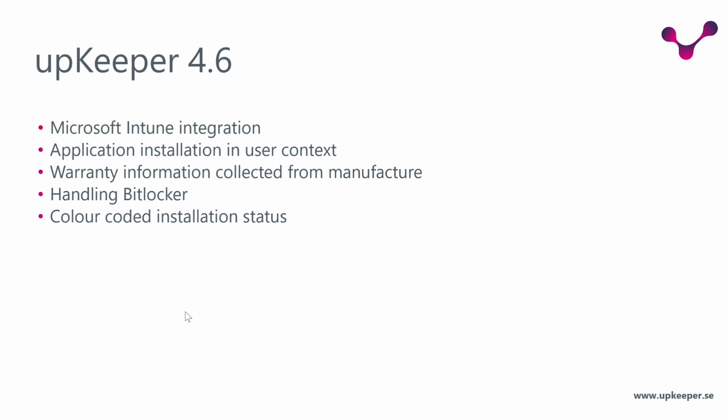We have added handling for Bitlocker. We have the color code and installation status, which was a big thing on the last Upkeeper Open. So there you have it. Those are the main features for 4.6. So try it out, install it, and like it.